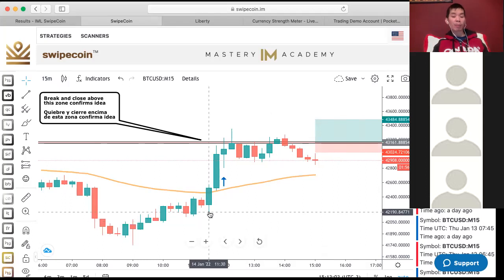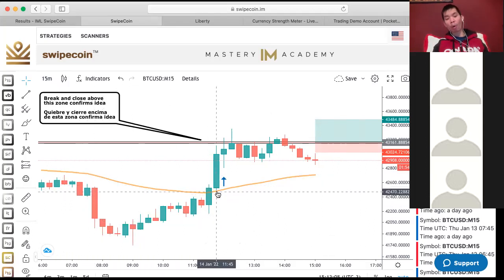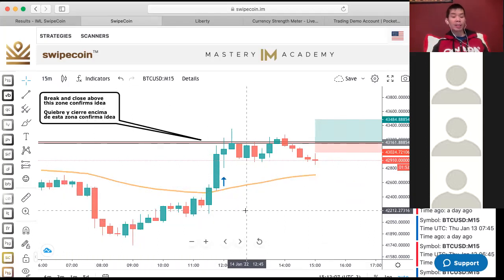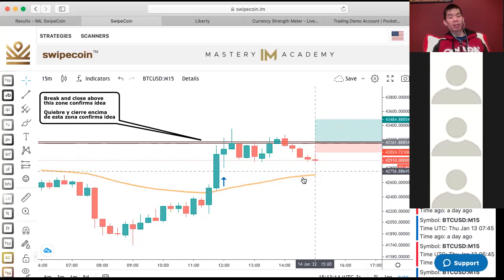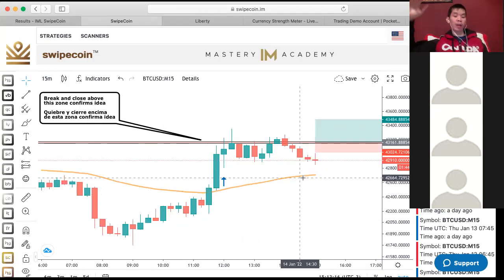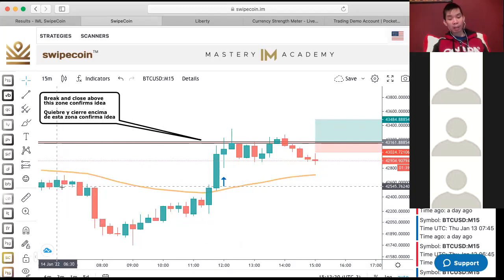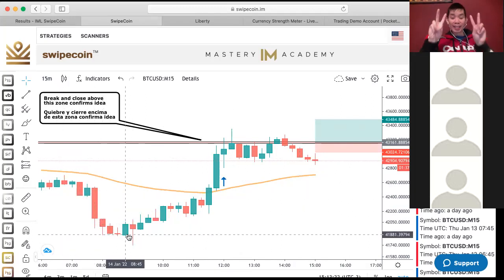The other great part about this is this little orange line right here. That's like your moving average. Right now, because the candles are above this moving average, we know that it's on an uptrend. It would be the opposite if the candles were below; we'd be on a downtrend.